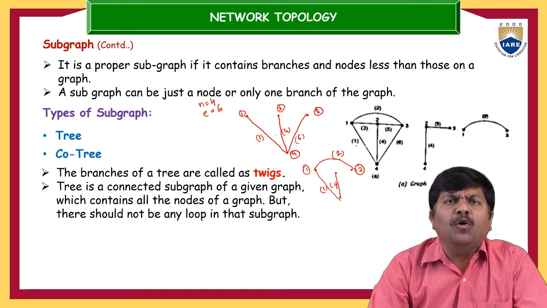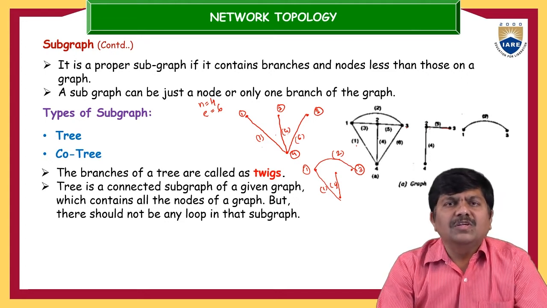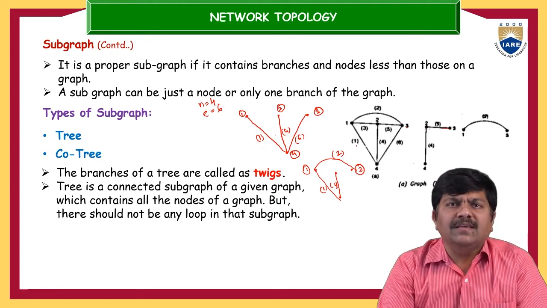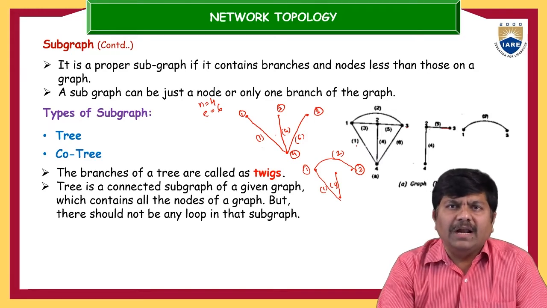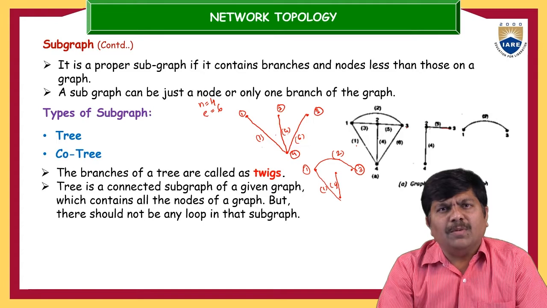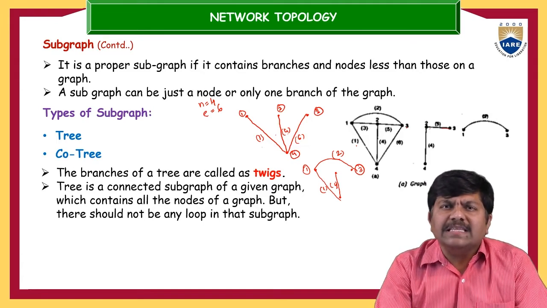So there are a few more possibilities to draw trees of the given graph. What I want to convey to you is, tree is not unique. That varies from perception to perception. But there are a few things we have to remember. You have to start drawing the tree by taking the basic subgraph.